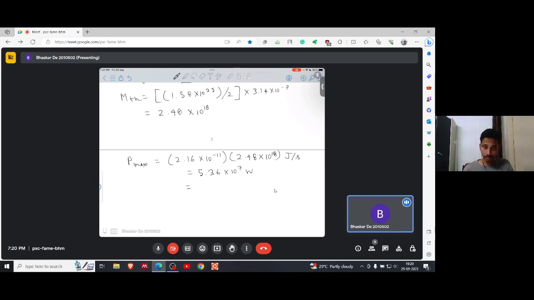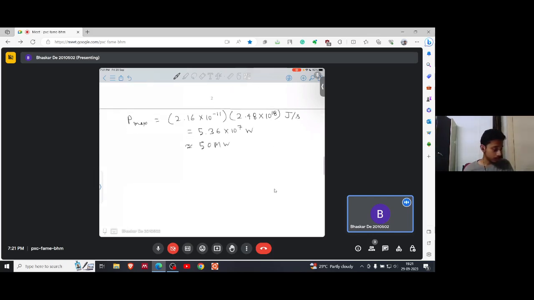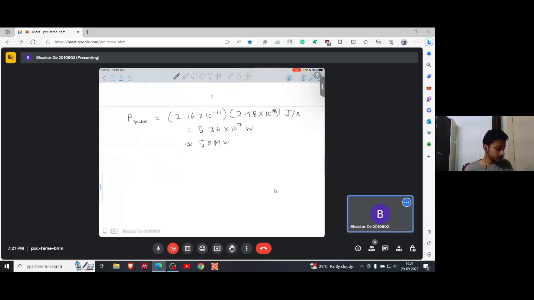So this gives 5.36 into 10 to the power 7 watt, which is closely 50 megawatt. So this is the power output of the laser pulse, that is 50 megawatt.